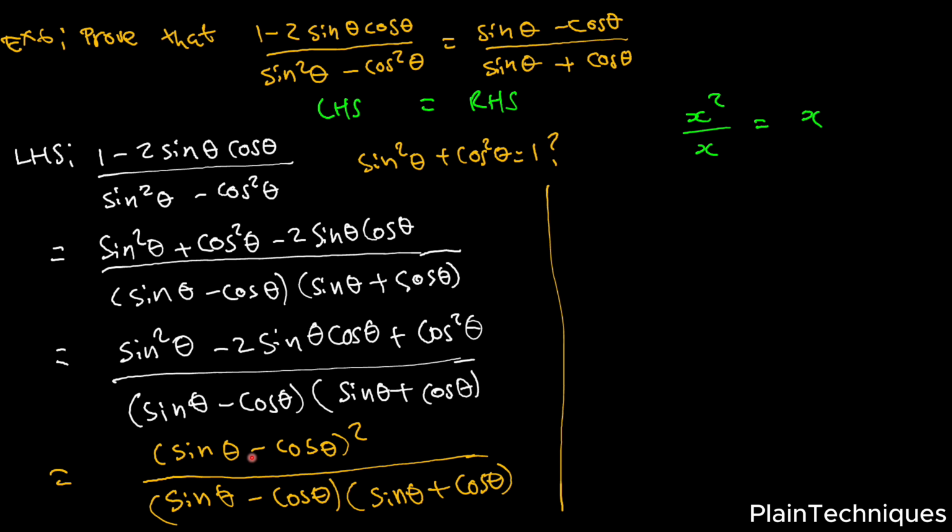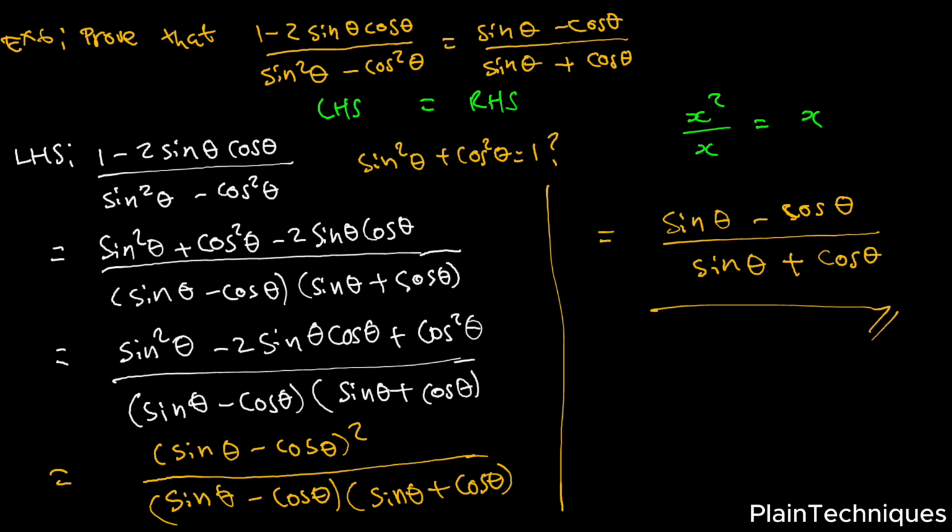So the answer in the numerator will be sine theta minus cos theta, and in the denominator I'll be left with sine theta plus cos theta, right?